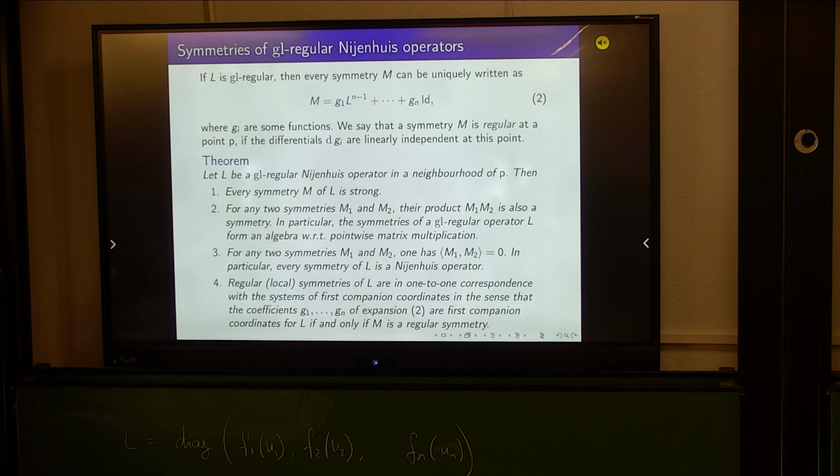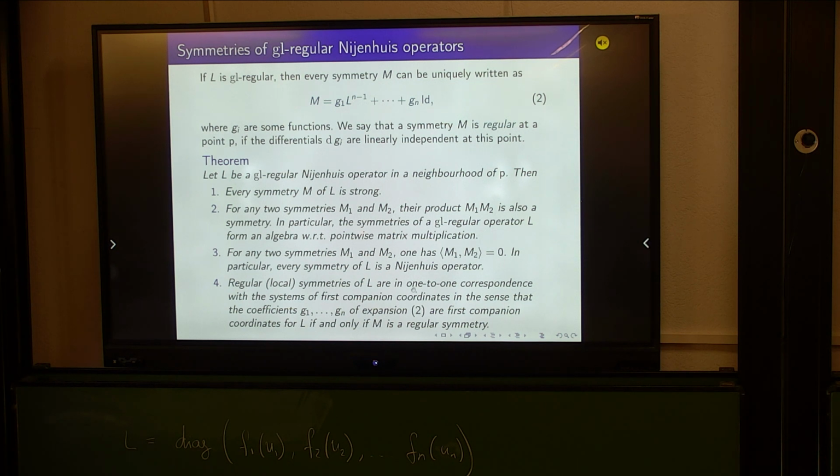Next, if you have two symmetries, then this Nijenhuis bracket is zero, meaning that they are symmetries of each other. In particular, M1 commutes with itself with respect to this bracket, so each symmetry is still a Nijenhuis operator.